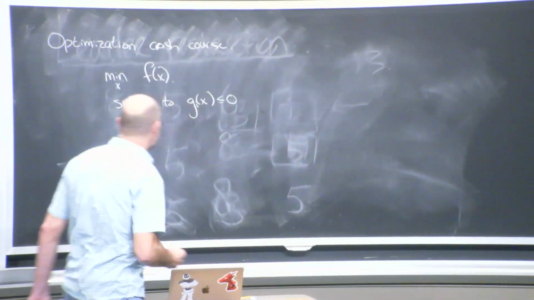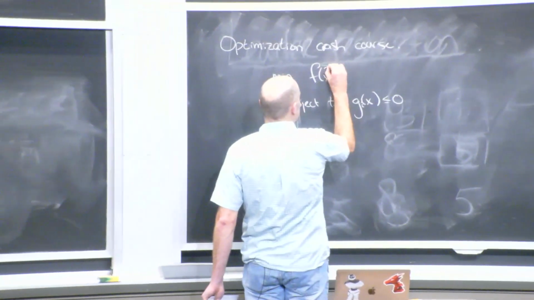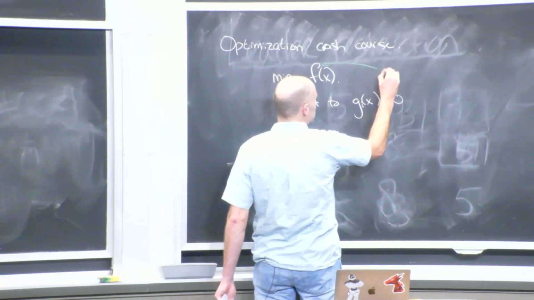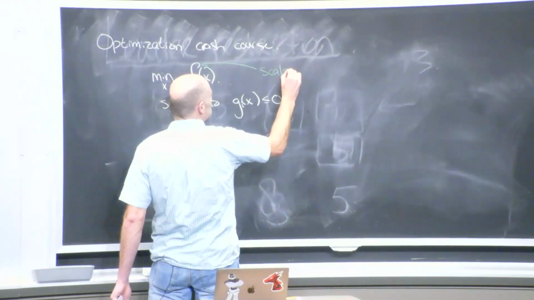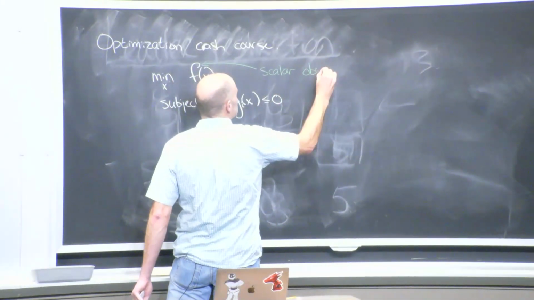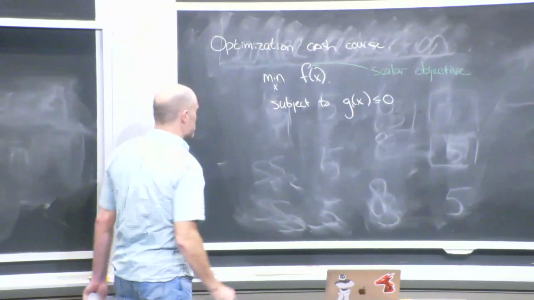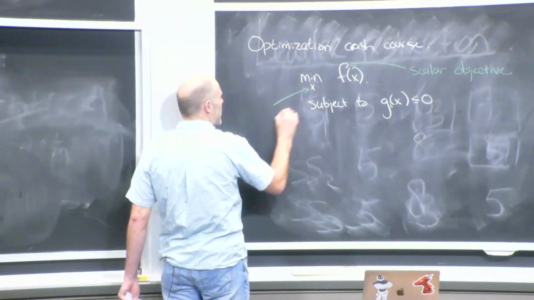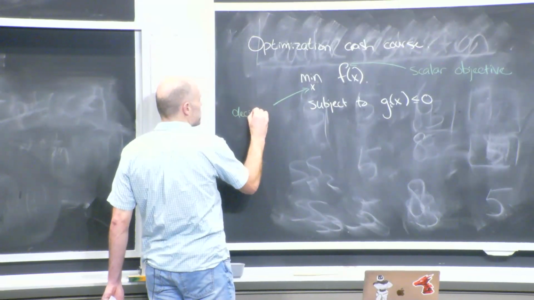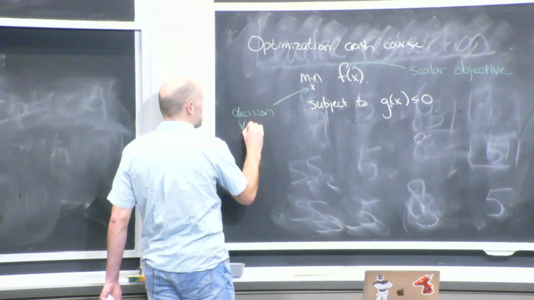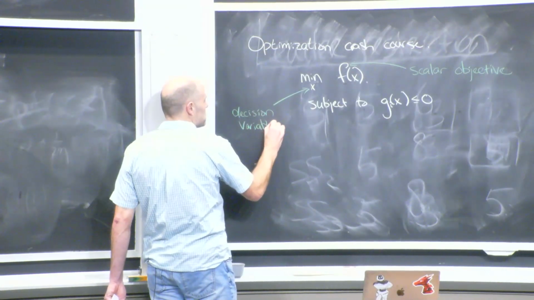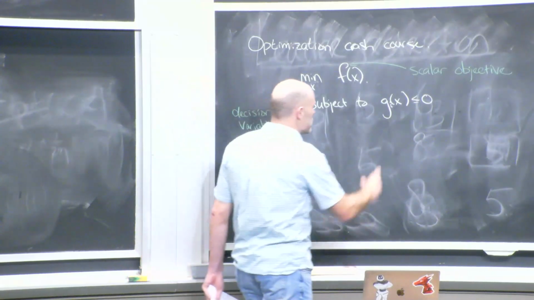Okay, so when we write an optimization like this, f is a scalar objective function. We can only put a scalar up there, right? x are the decision variables. g are the constraints.